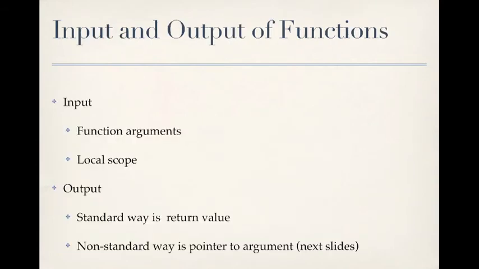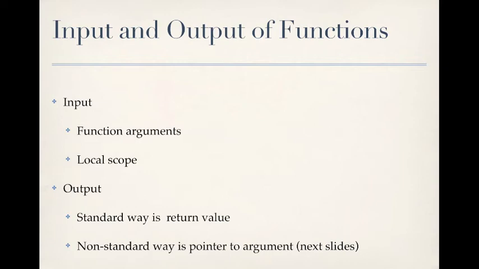Yeah, we had this already. Functions can have arguments, and they have locals to get the local scope, and to reduce possibilities of interference between different variables. And we have possibilities to do output.